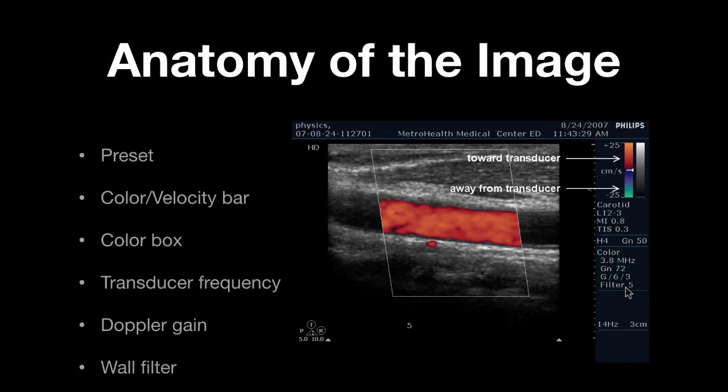But basically, a high filter means that you're eliminating low and medium flow velocities, which if you're scanning a higher flow vessel, such as the aorta, that would be fine. But if you're scanning a low flow vessel, such as an intraparenchymal testicular artery, you wouldn't want to use a high filter because you're going to eliminate all the information you're trying to obtain.